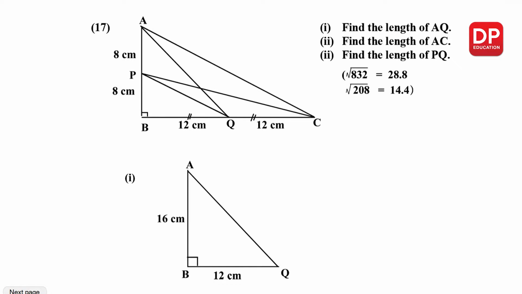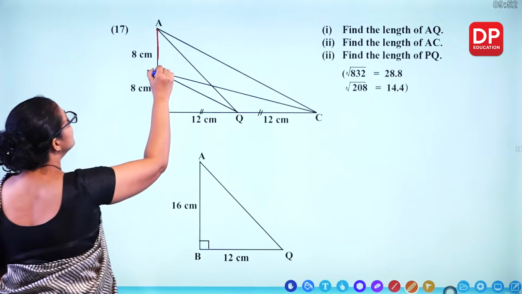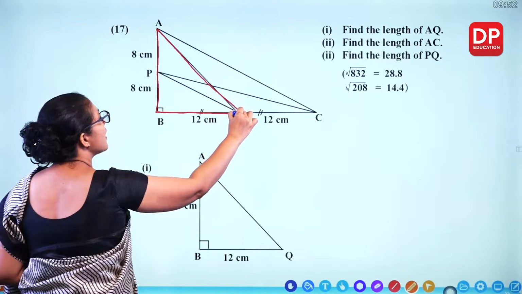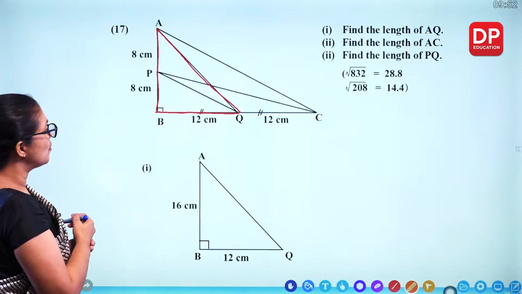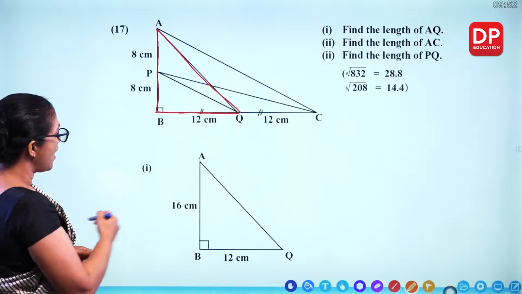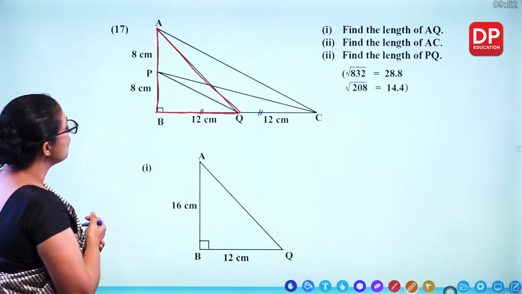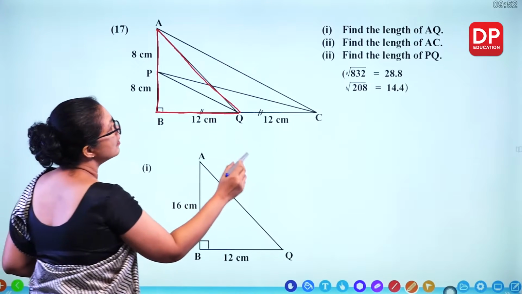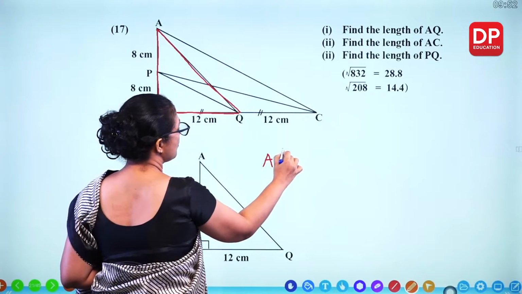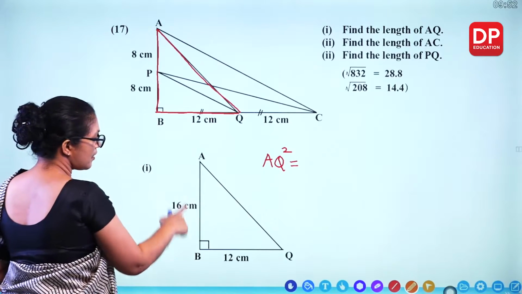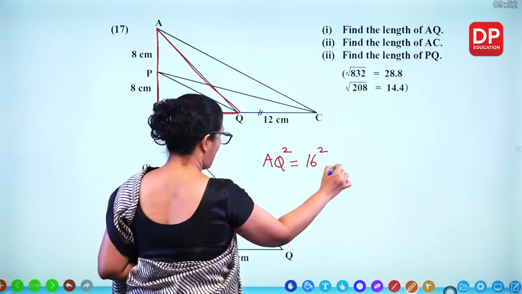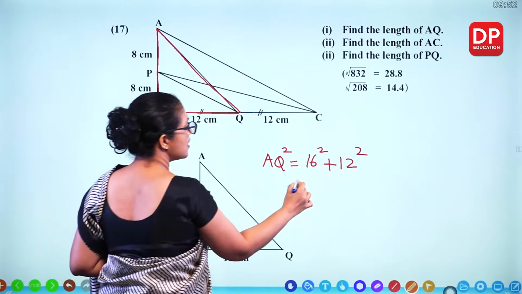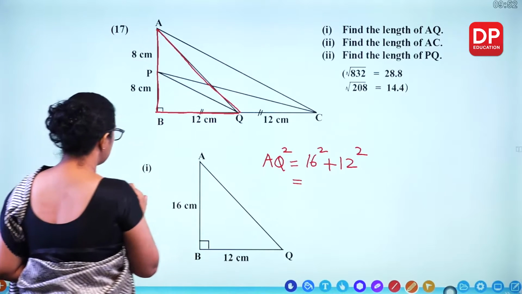Find the length of AQ. We can take this triangle ABQ. ABQ triangle. So find the length of AQ. AQ squared is equal to 16 squared plus 12 squared because AQ is the hypotenuse. 16 squared, 16 times 16.